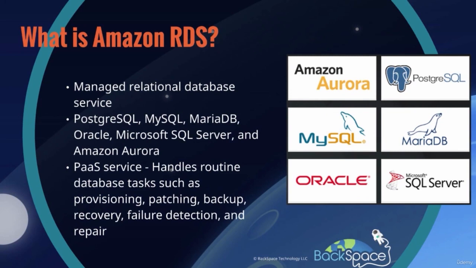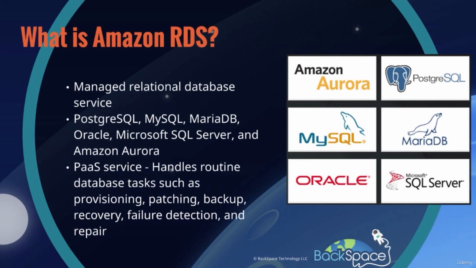RDS runs a number of different database engines: PostgreSQL, MySQL, MariaDB, Oracle, and SQL Server. It also has its own proprietary enterprise versions of the MySQL engine and the PostgreSQL engine called Amazon Aurora.